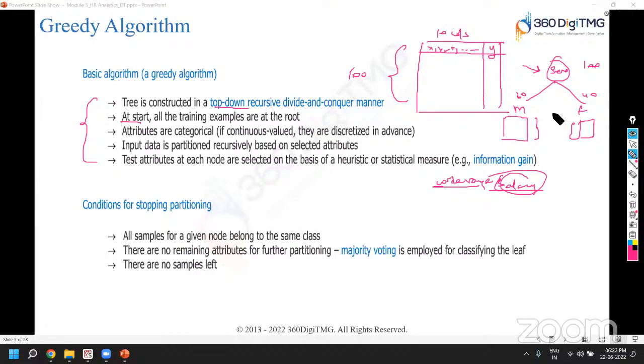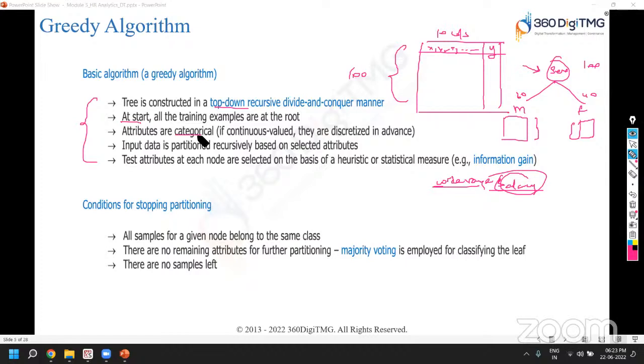So this way we can discretize the data for branching out the details. Right? So that is your categorical data. So you're always having a fixed set of branches. Your input should have a fixed set of options.